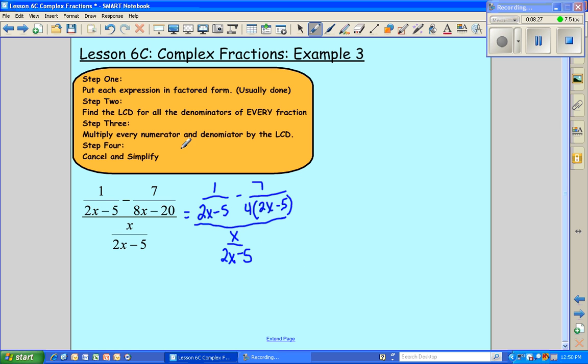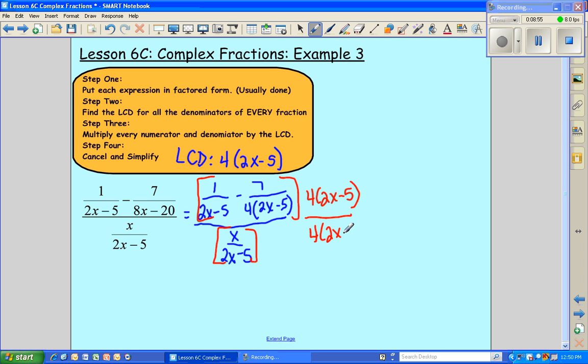All right, so looking at this, our LCD, we need the 4 and we need the 2x minus 5. Everybody else is included. So we're going to take our numerator, multiply it by our LCD, take our denominator, multiply it by the same LCD, because remember it has to be equivalent to 1.